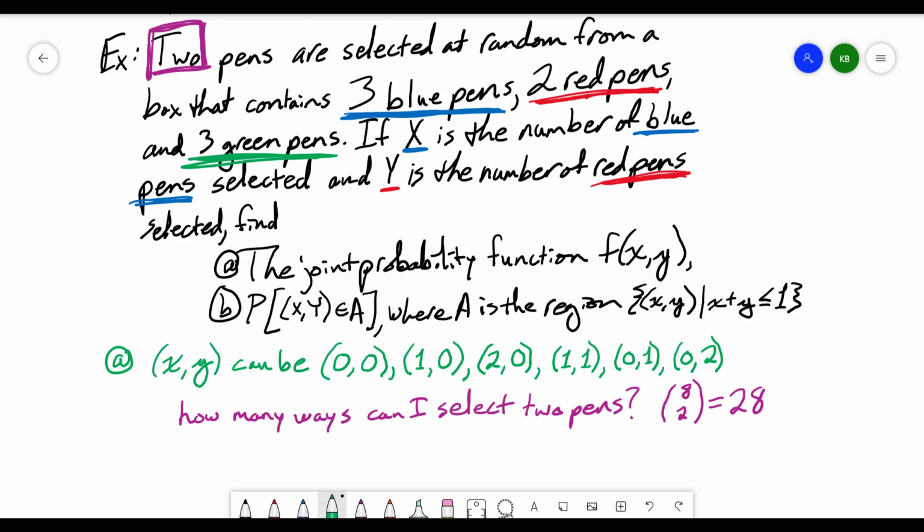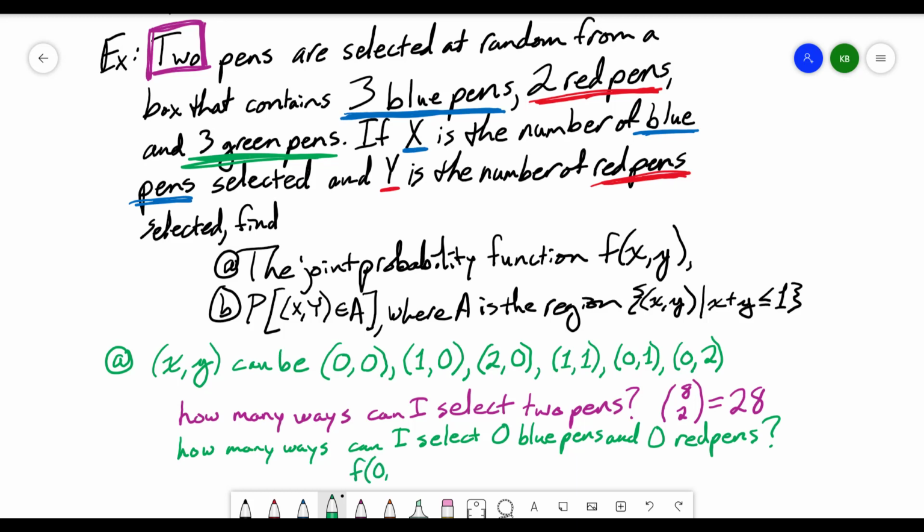Now I need to know how many ways I can select 0 blue pens and 0 red pens. This is going to give me my f of 0, 0 value. Choosing 0 blue pens and 0 red pens corresponds to choosing 2 green pens.